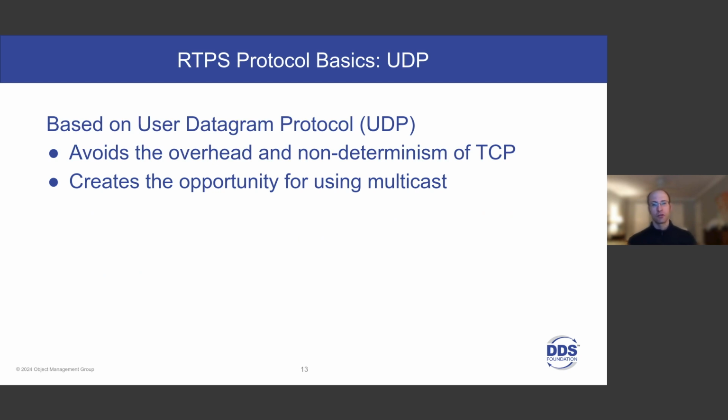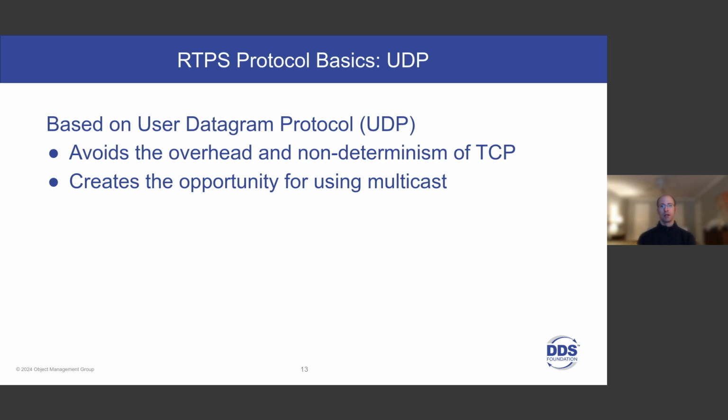So the first choice that they made in terms of the PSM was to outline an implementation based on UDP, the user datagram protocol of the IP suite. By using UDP, they avoid the overhead and non-determinism of TCP.